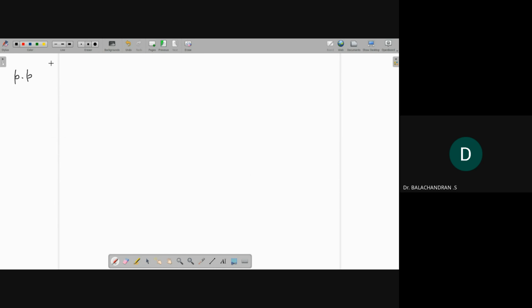The question is: show that e power minus x square by 2 is self-reciprocal with respect to Fourier transform.